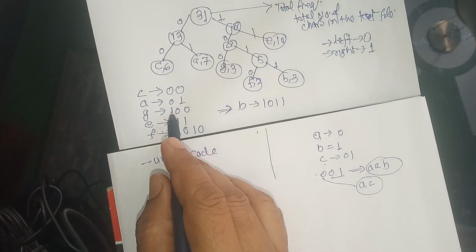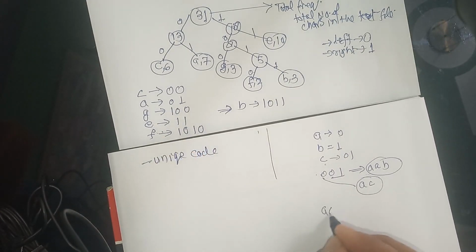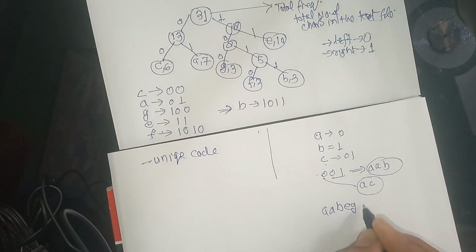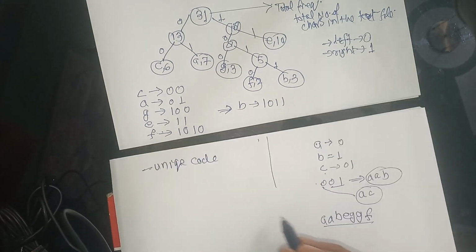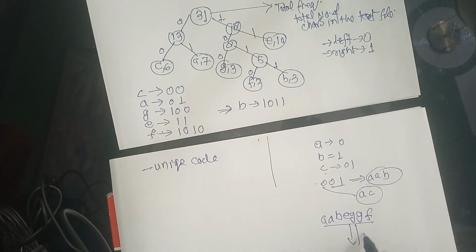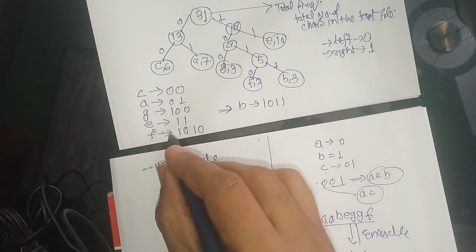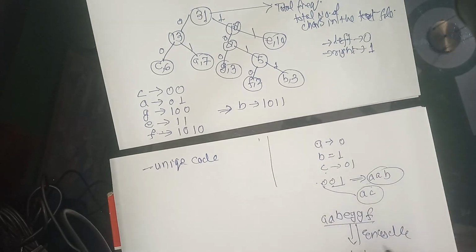Now the next question is what we will do with these codes. Suppose there is some text A, B, E, G, G, F, and we have to encode it. Using these character codes we will encode it. For example, for A there is 01, second A 01, like this. For B we have 1011, 1011.